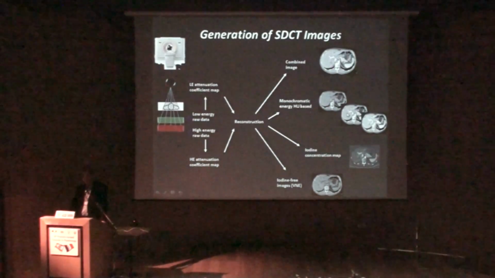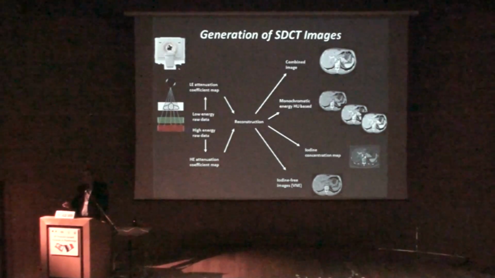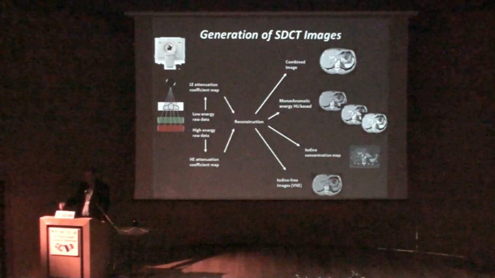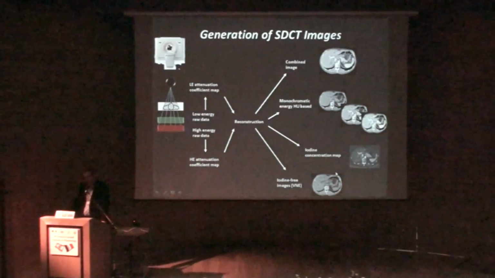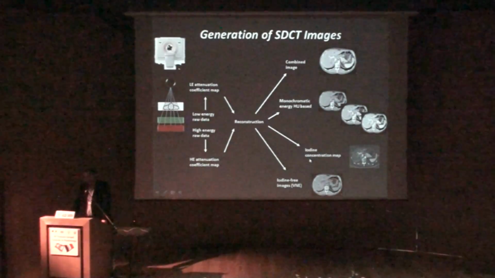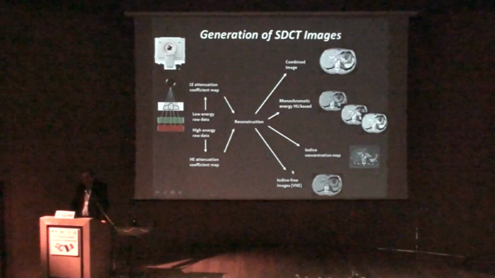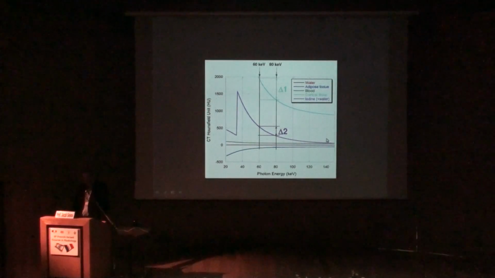The different mono-E are virtual images that simulate the way the images would look at 40 keV, 50, 60, ranging up to 200. And then we can manipulate iodine. We can look at iodine concentration maps on one hand, or we can delete iodine. So we do some manipulation of the iodine, and this is all based on physical principles.